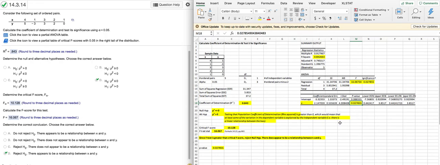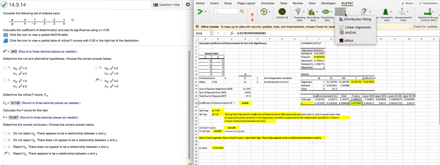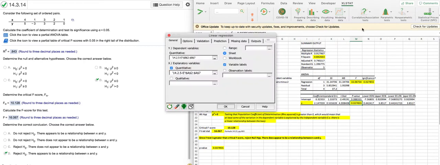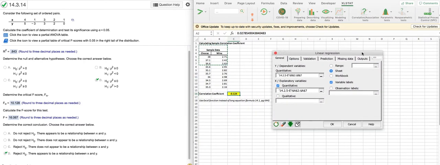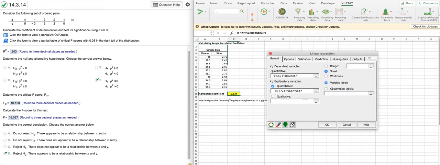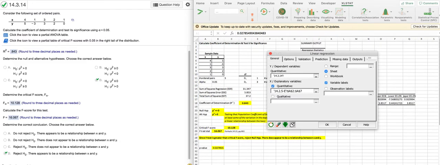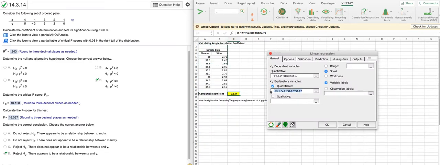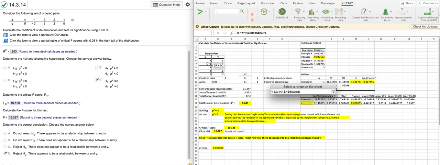Now I'll show you real quick how we can do the same thing in XLStat through modeling data and linear regression. This is our Y variable here, and our X variable.